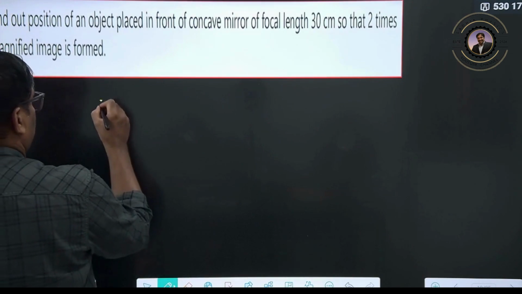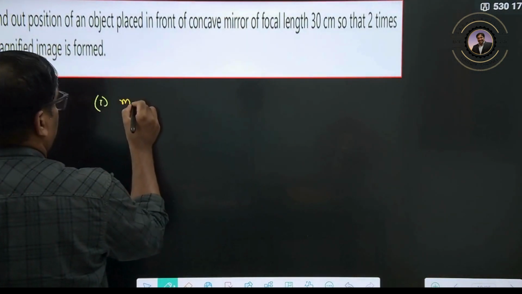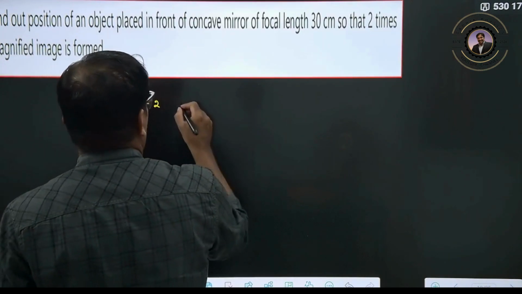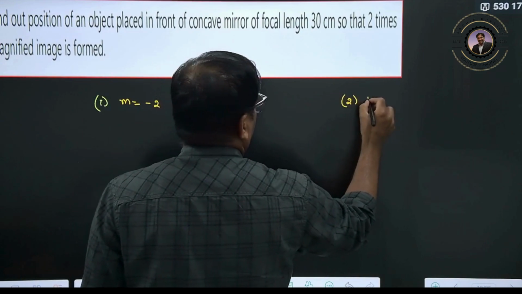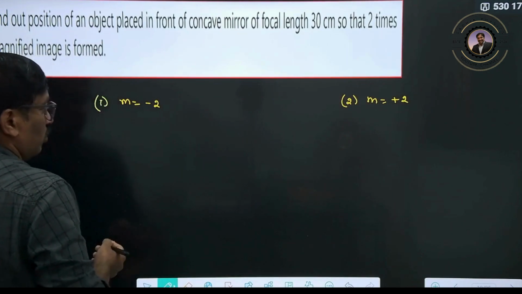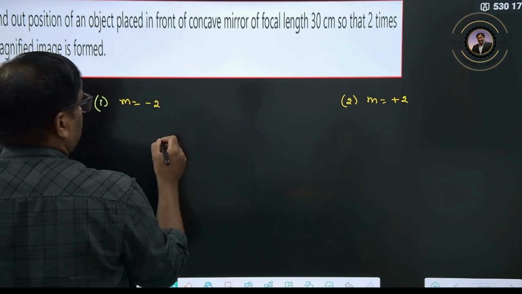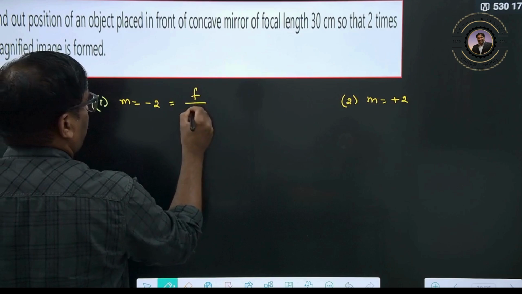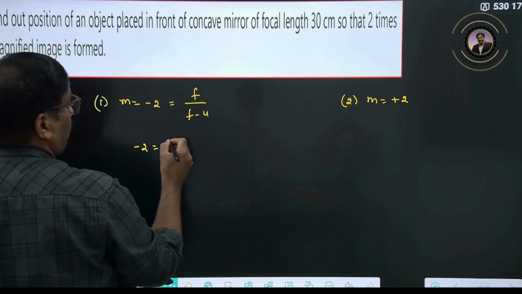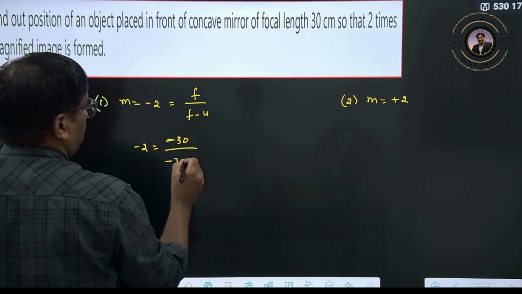Clear? First one, here he gave magnification. Magnification is minus 2 for a real image. Second one, magnification is plus 2 for a virtual image. So you know magnification and focal length is given. Therefore what is the formula? Magnification is equal to f by f minus u. So you can rewrite it as minus 2 equals focal length of a concave mirror, which is minus 30, by minus 30 minus u.